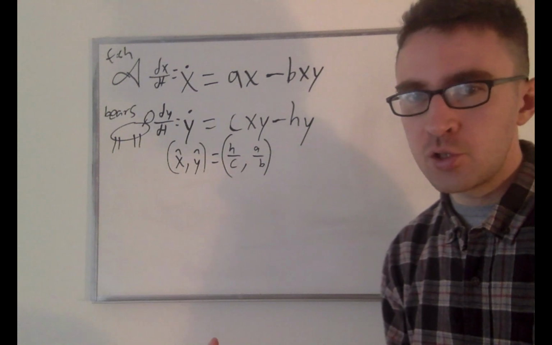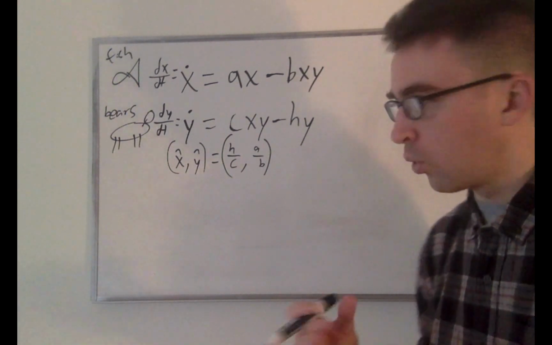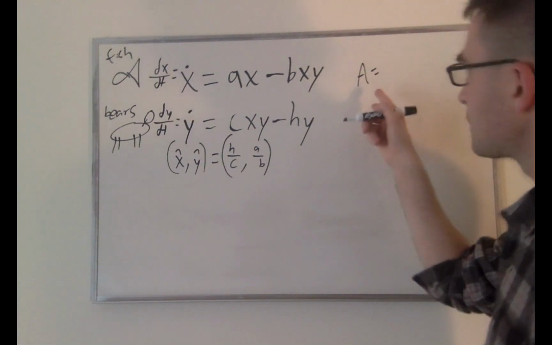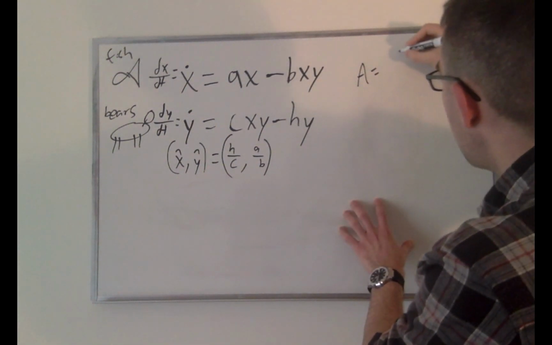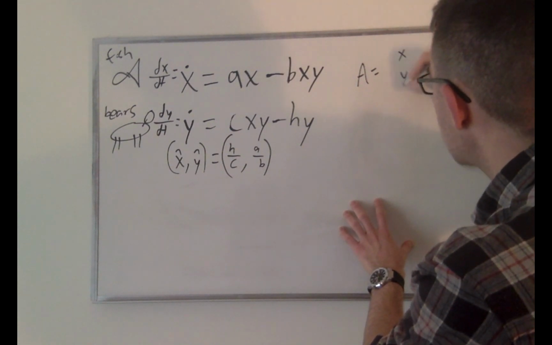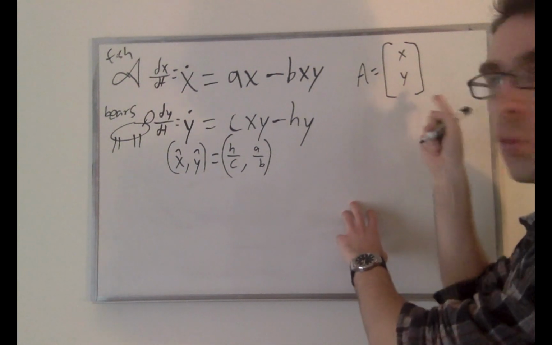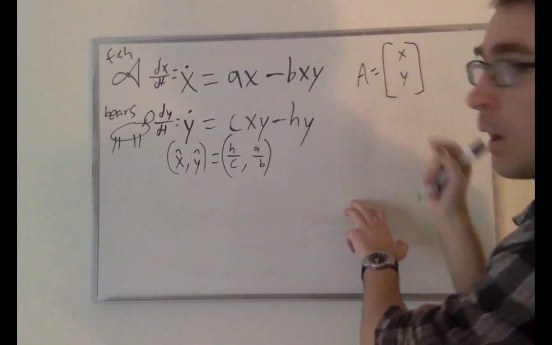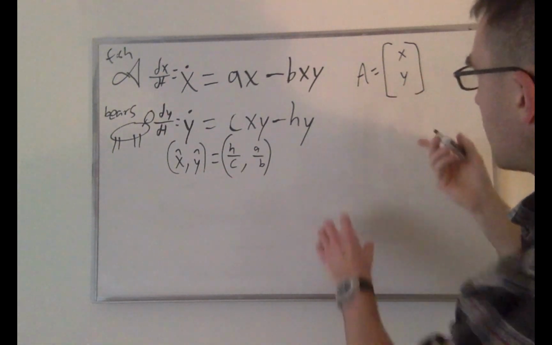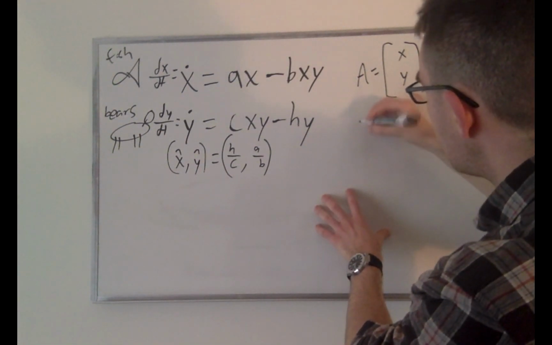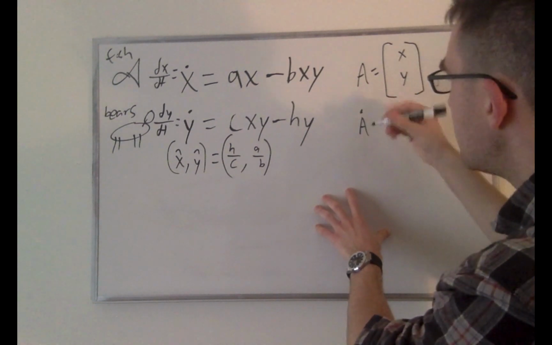So let's put some of these things in matrices to make them easy to work with. We're going to define a matrix called A, which is just going to be our two variables, x and y. So just a column matrix like that, one column, two rows, x and y. And then we're going to define the differential equation matrix, A dot.